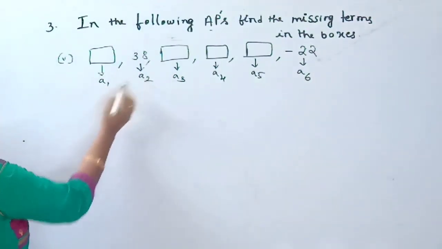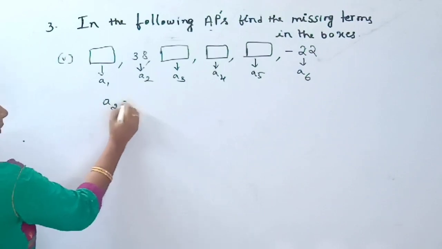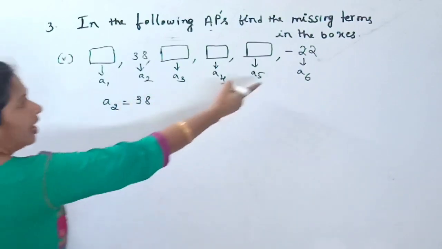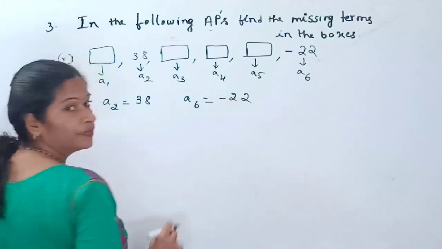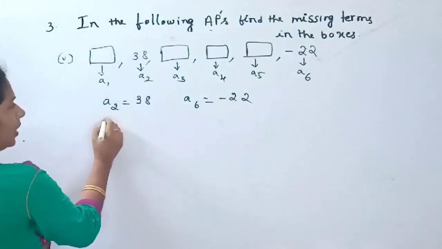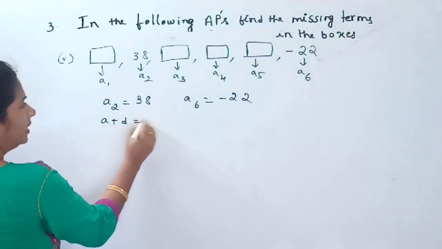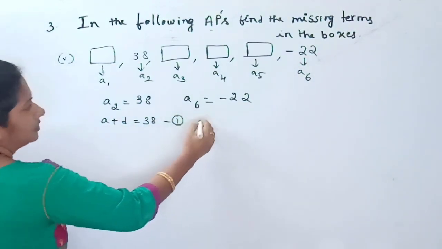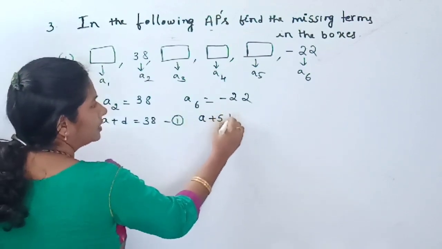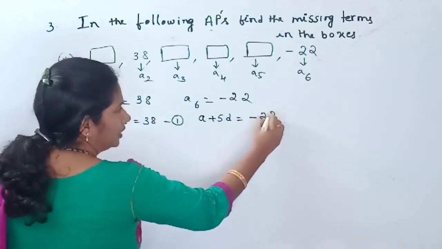So what are the values we know, children? Second term A2 value is 38 and A6 value is -22. Now the second term I can write as A plus D equal to 38. Call that equation 1. A6 I can write as A plus 5D equal to -22.